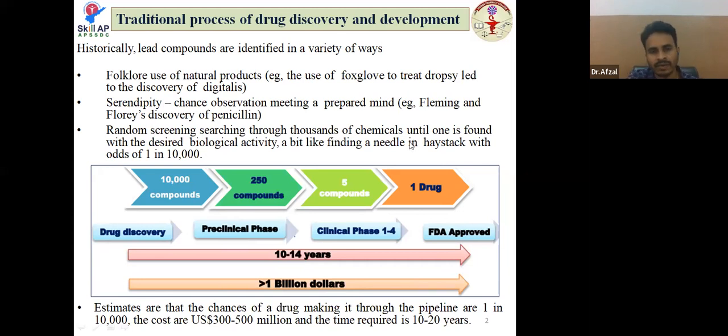After screening a large number of compounds, they might find one lead molecule that has the ability to convert into a drug molecule.